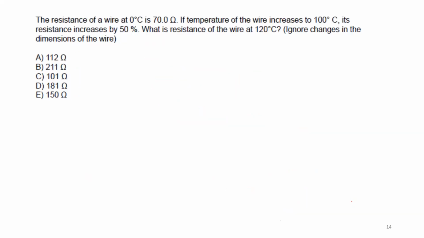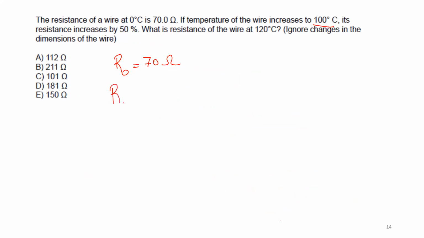Now let's look at this problem here. The resistance of a wire at 0 degrees Celsius is 70, not 79. Okay, 70 ohm. If the temperature is increased to 100 degrees Celsius, the resistance increases by 50%.